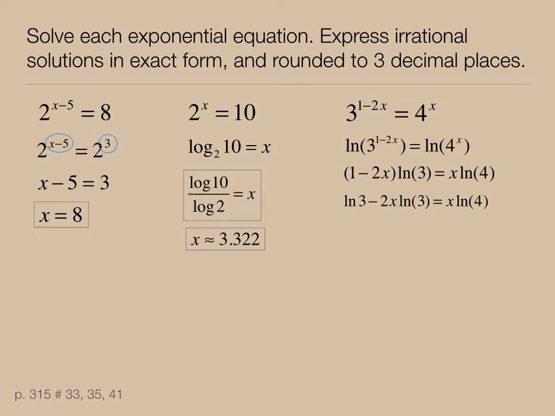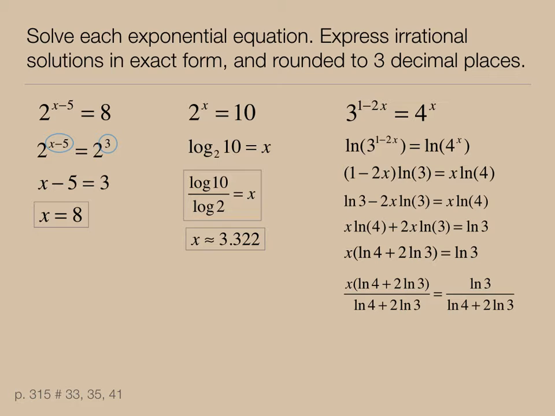And I like to try to keep everything positive, so let's add the 2x ln 3 to both sides. Now that we've done that, we can factor out an x. And this is the goal, because now I can divide both sides of this equation by the expression that's in parentheses. And my exact answer is here.